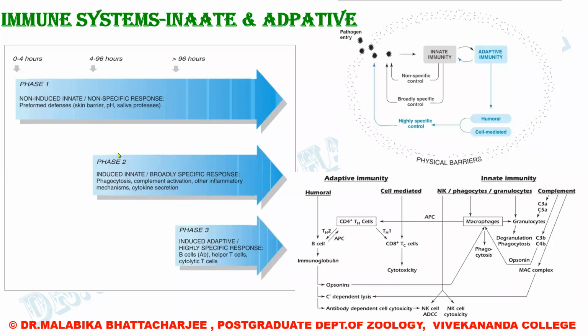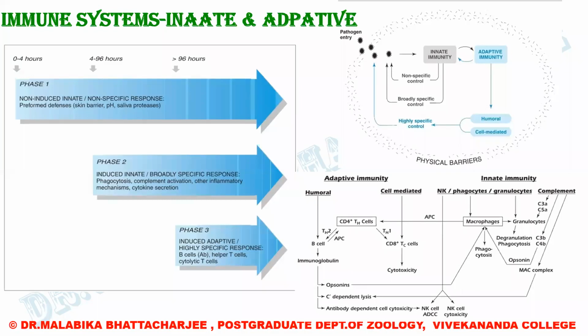After 4 days, B and T lymphocytes that uniquely recognize a particular pathogen are called into action by the adaptive response. So as you can see, the first 4 days, from 0 to 4 days, is usually the innate immunity and the cells of the innate immunity. From the 4th day onwards, the B and the T lymphocytes are roped in.